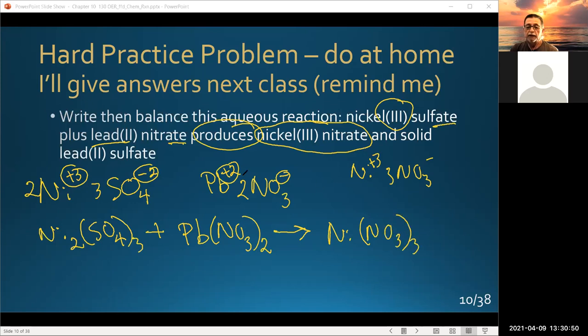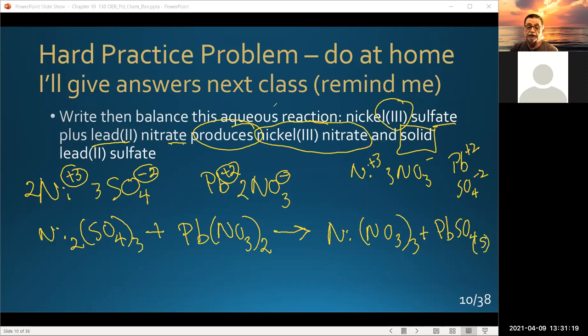Okay. Then the last product says lead 2 sulfate. So we know we got lead 2, which is +2, and we know we got the sulfate, which is -2. And so it's a straightforward 1-to-1. So the formula is PbSO4, and it's a solid. So they're telling us we got a solid material.